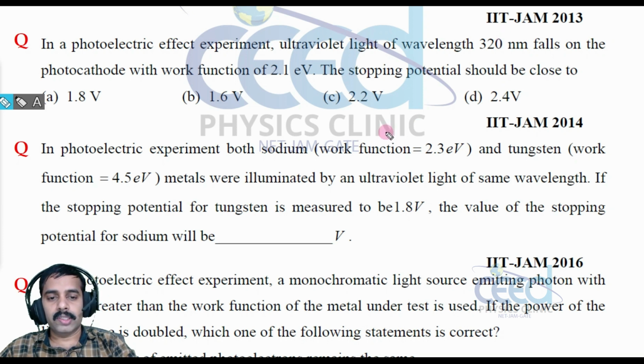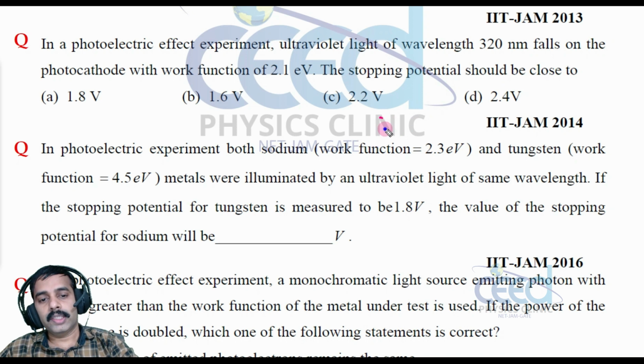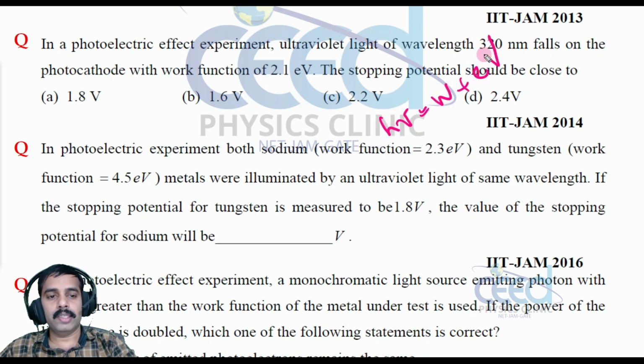We already know this in terms of stopping potential. We have studied this equation as h nu is equal to W plus eV, right? This V is the stopping potential. Now work function is given and this wavelength is given.